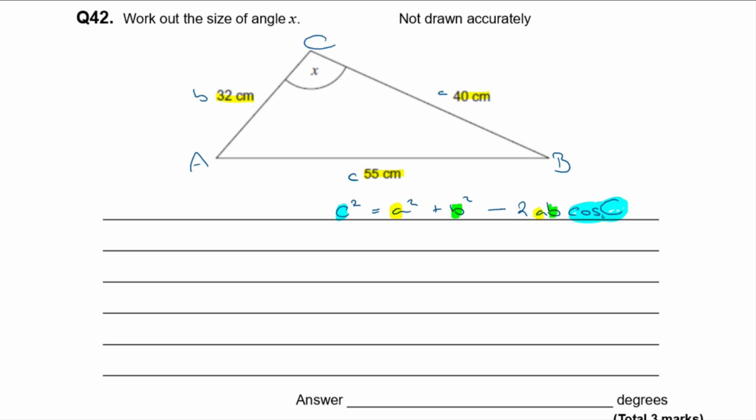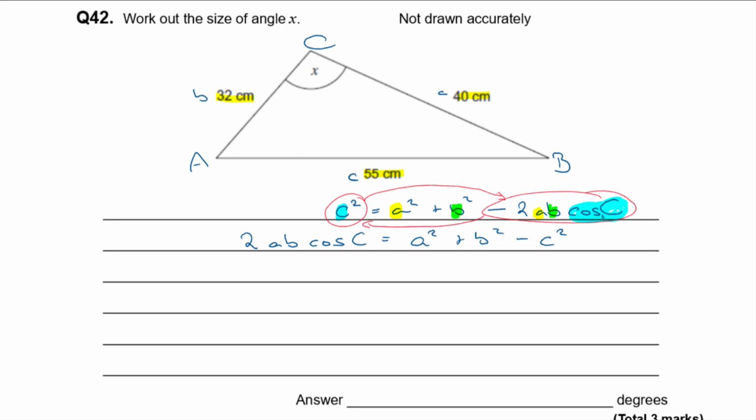So I'm going to have to rearrange this first to make c the subject. Taking that minus 2ab cos c to the other side to make it positive, I get 2ab cos c, and moving the c squared over to the other side, I'm going to get a squared plus b squared minus c squared. So I've moved all of this over here.